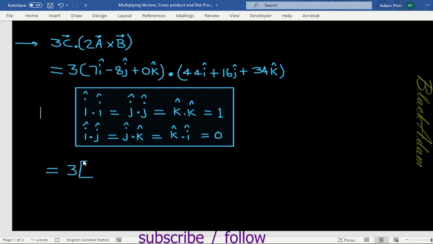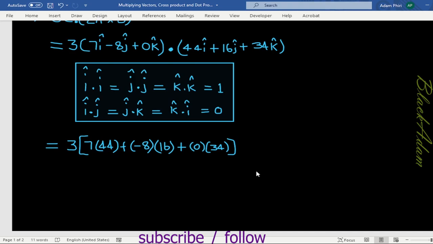We have 3, 7i multiplied by 44i, that's 7 multiplied by 44, and then 7i multiplied by 16j is 0, so we don't write that. Then negative 8j multiplied by 16j, so we only multiply like terms, and then 0k multiplied by 34k gives us 0.